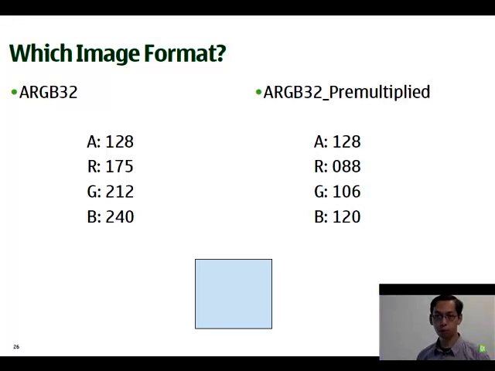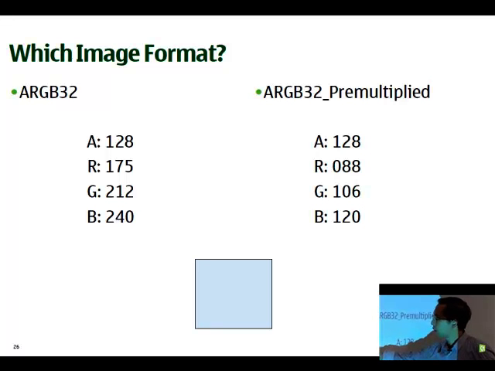The question is now, what's the difference between these? The difference is visible only if the color of a pixel has an alpha channel, or it's not opaque, it's transparent. For example, take a look at the typical color here. This color has the components as those, so RGB are just like that, and the alpha is 128, which roughly means that this color is 50% transparent, because 1 byte maximum is 255.